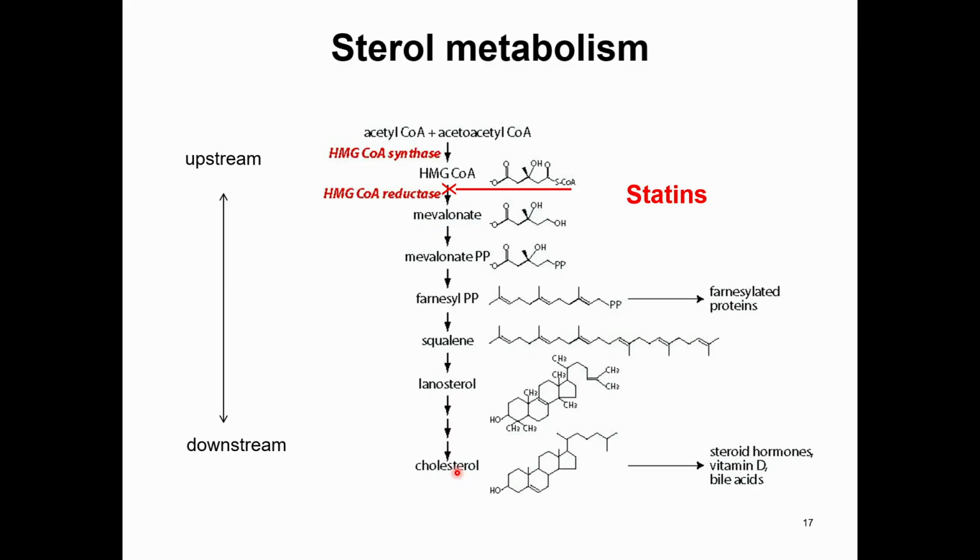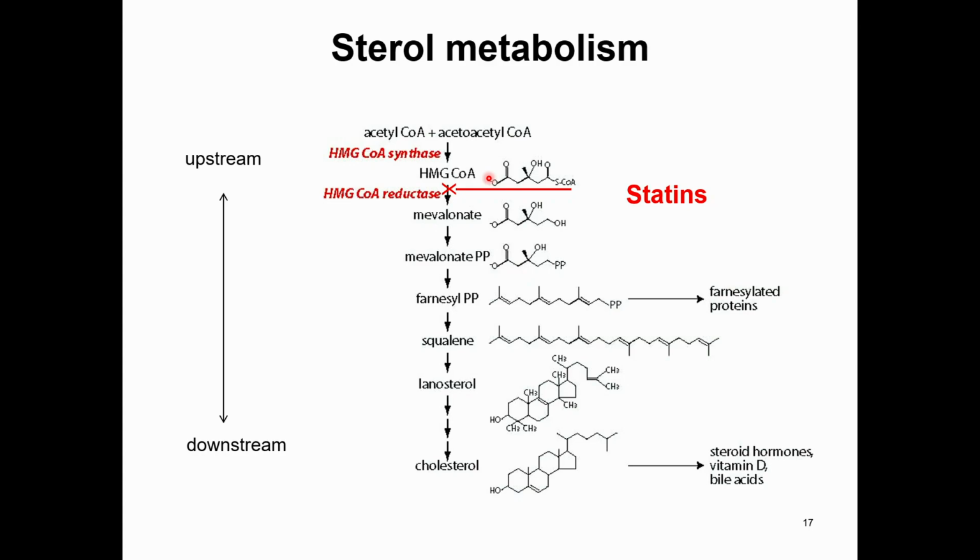It turns out that each of these biosynthetic steps has its own rate, and the slowest one is HMG-CoA reductase. So that's kind of like a bottleneck anyway, because HMG-CoA reductase is sort of a slow enzyme.